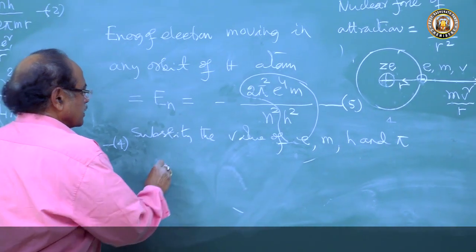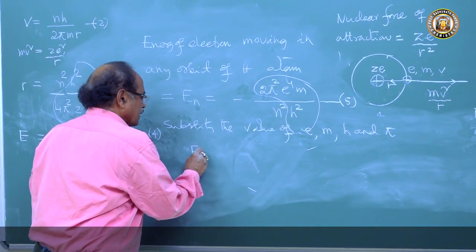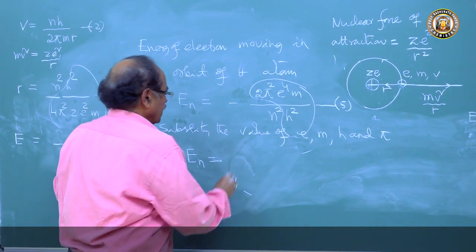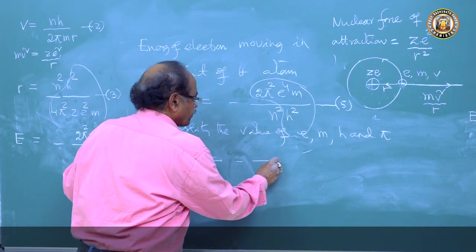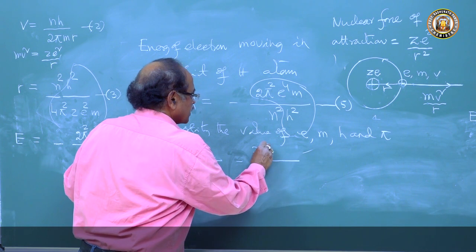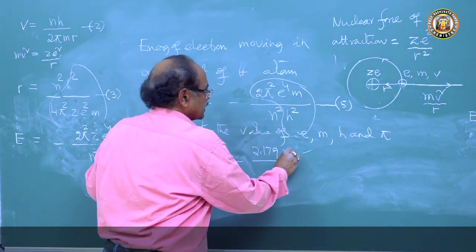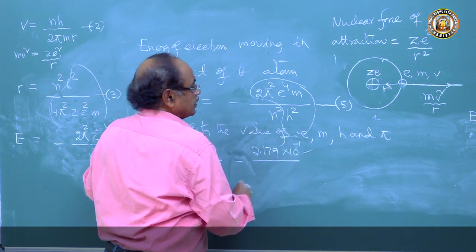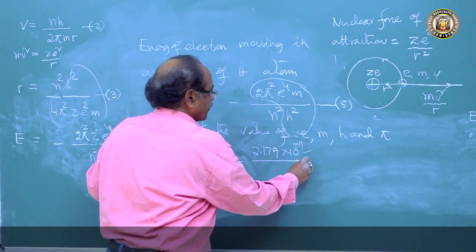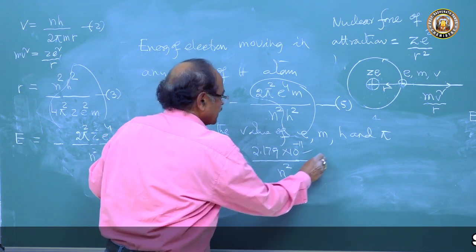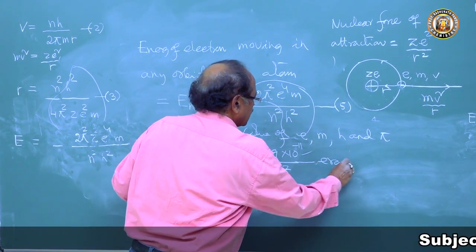En, the energy of the electron moving in the nth orbit of the hydrogen atom, will be minus 2.179 into 10 to the minus 11 by n square erg per atom.